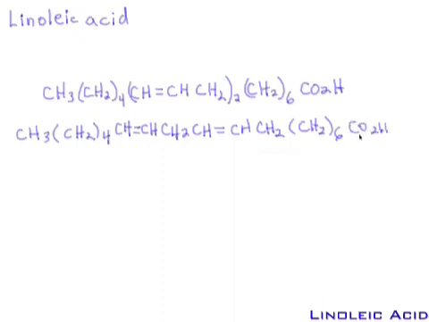Now, notice 1, 7, 8, 9. You still have the double bond at carbon 9. 10, 11, but you get a double bond at carbon 12. 13, 17, 18. Like oleic acid, this is an 18 carbon chain, but because it has two double bonds it is given a different name. Your double bonds occur at carbon 9 and carbon 12, so in the IUPAC name we say 9Z, 12Z to indicate the cis conformation.